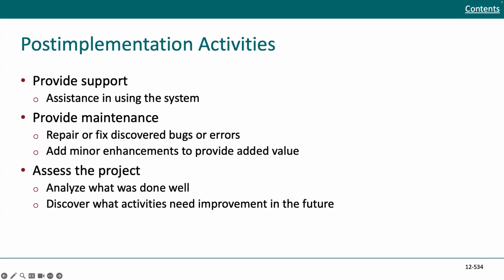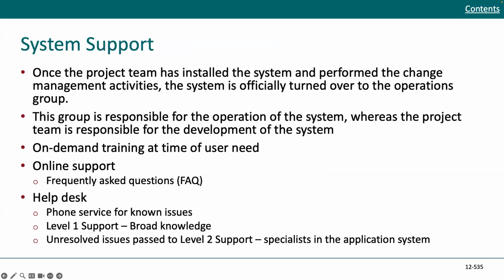You want to provide maintenance, so you're able to repair or fix discovered bugs or errors and add minor enhancements to provide added value. And you want to assess the project, analyze what was done well, and discover what activities need improvement in the future.